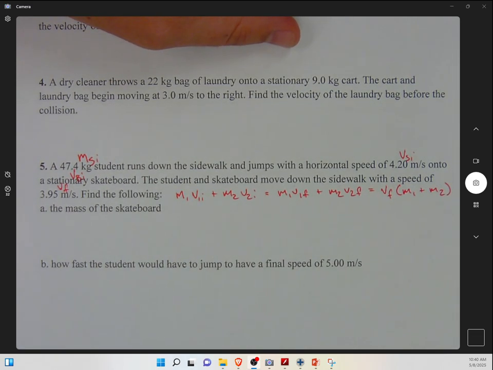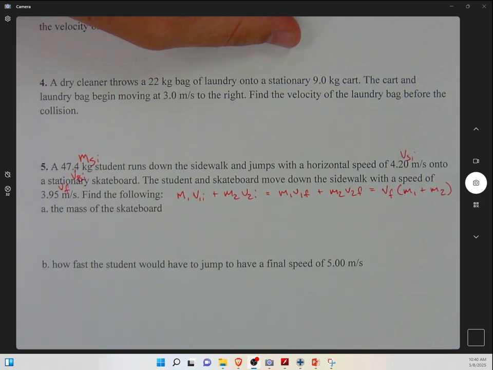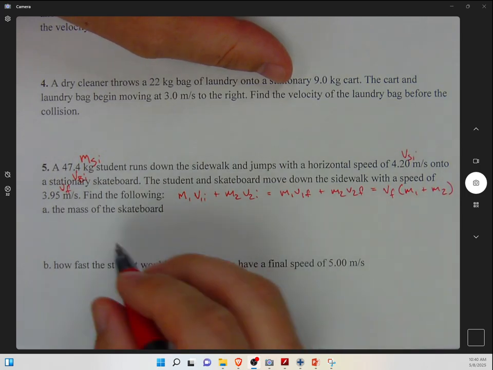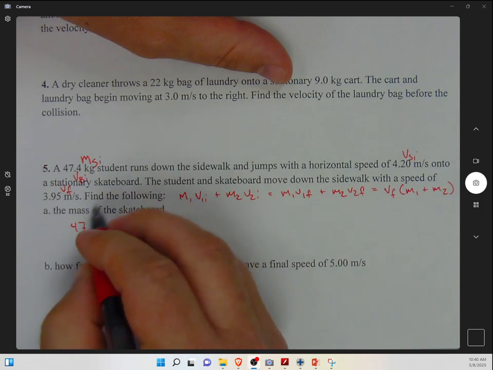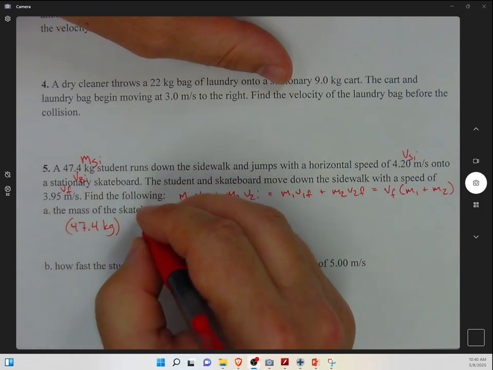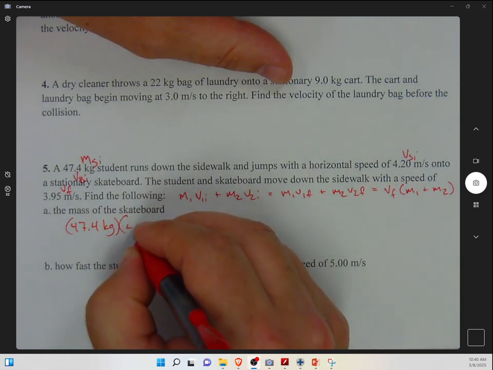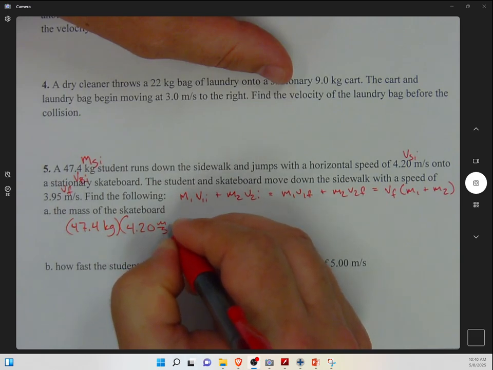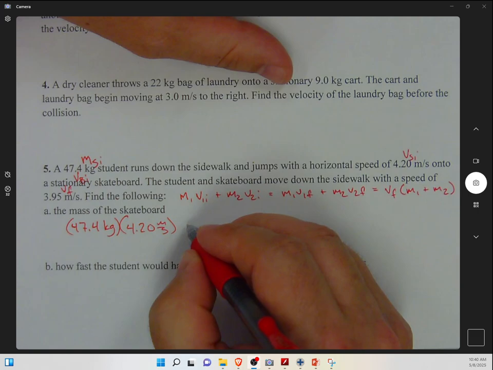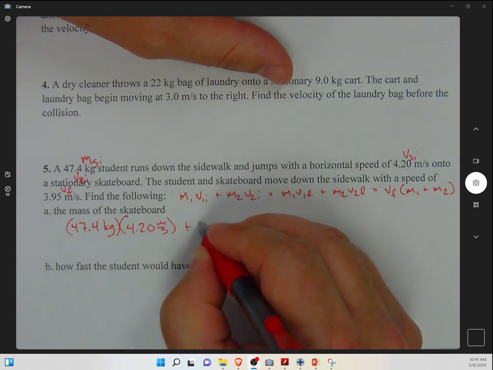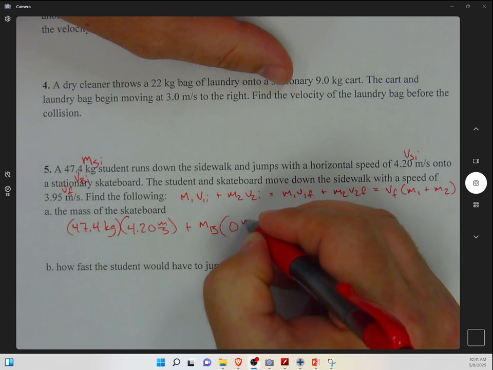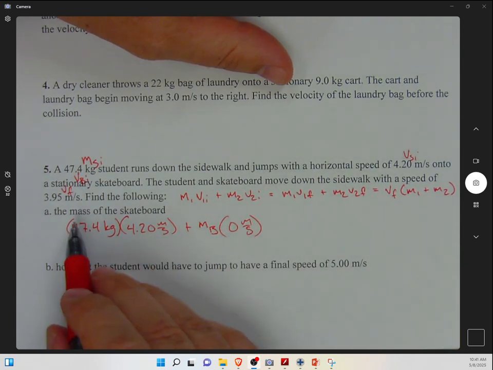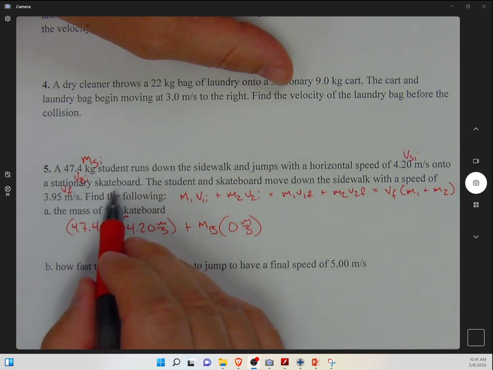So let's plug and chug some of these things here. We have 47.4 kilograms multiplied by the velocity of the student. And we're going to add the mass of the board, but we're going to multiply that by 0, because it's a stationary skateboard.